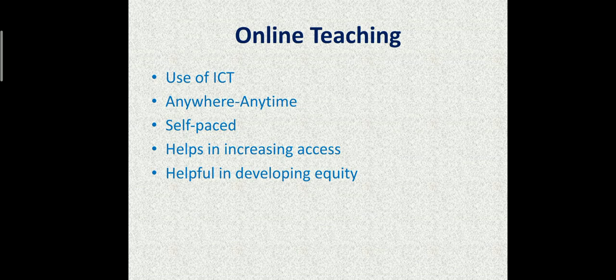So online teaching increases accessibility of education, and because it helps in increasing the accessibility of education, it helps in developing what? Equity. Equity means justified. When you give something in a justified way, it is called equity. Those who have been deprived of education for a long time, it will be easier through online teaching method to reach those people.